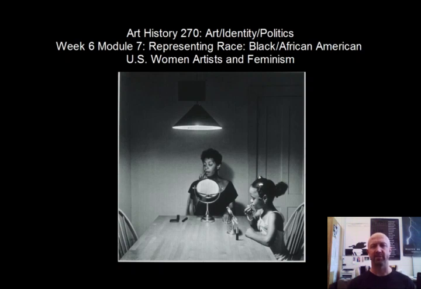The other thing I wanted to note right off the bat is that we are following the trajectory of gender here into race. In other words, we've looked at feminist artists and gender, and now we're looking at the representation of gender plus race. While if we were to follow this more chronologically, we would start with the Black male artists who are a bit more visible, going all the way back to the Harlem Renaissance of the 20s, all the way through the civil rights movement of the 50s and 60s and so forth.